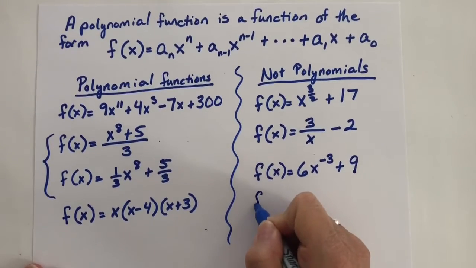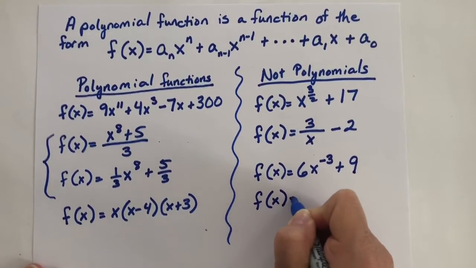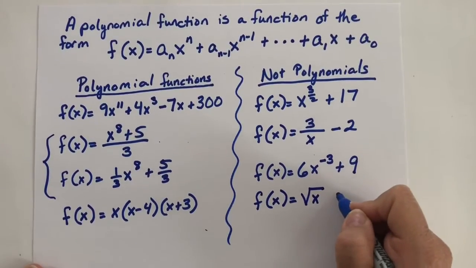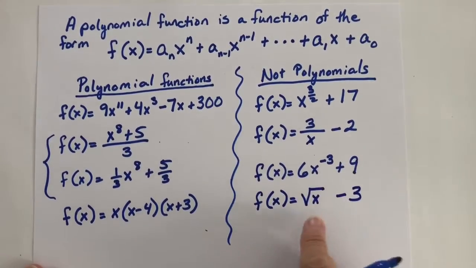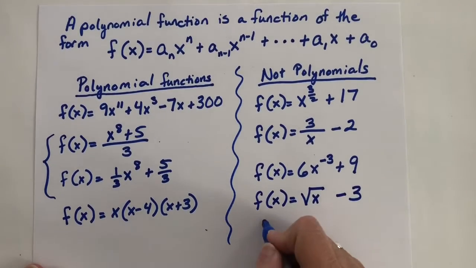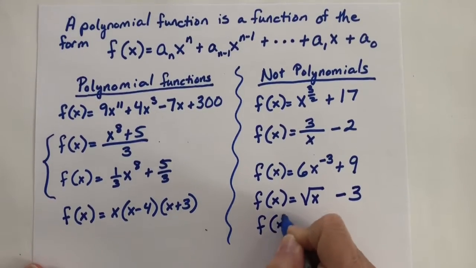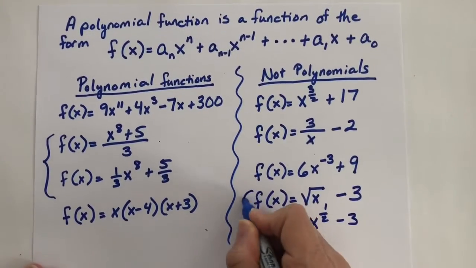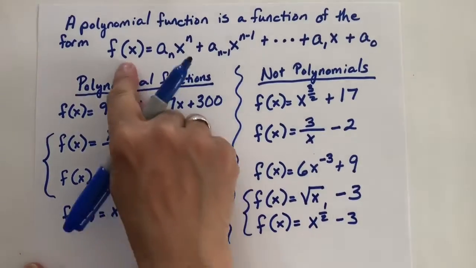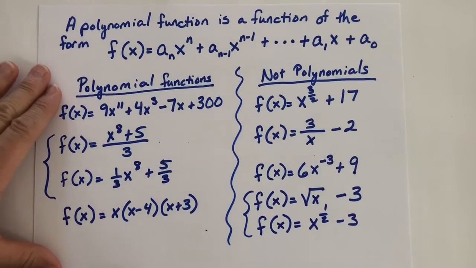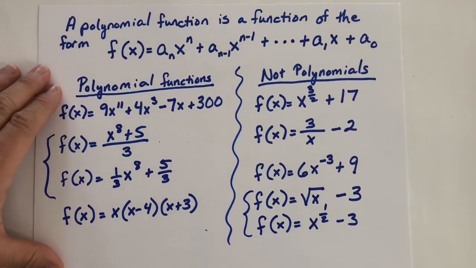And if we put a radical in, like the square root of x minus 3, also not a polynomial, because remember, a square root is equivalent to an exponent of 1/2. So this would be x to the 1/2 minus 3. And again, the exponent is not a positive integer. So this is the way our functions need to look to be polynomials.